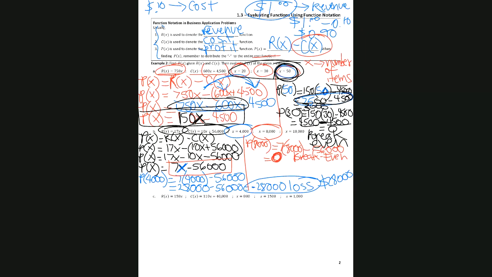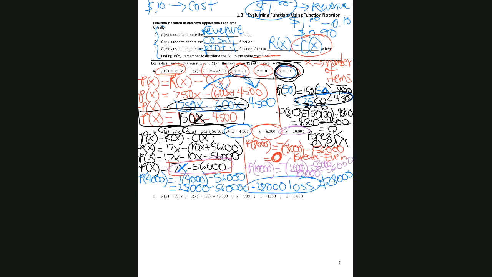Okay, now let's find out what is the profit of 10,000. So again, we substitute into this equation 10,000. Okay, and so right here, if we multiply 7 times 10,000, we will get 70,000 minus 56,000.